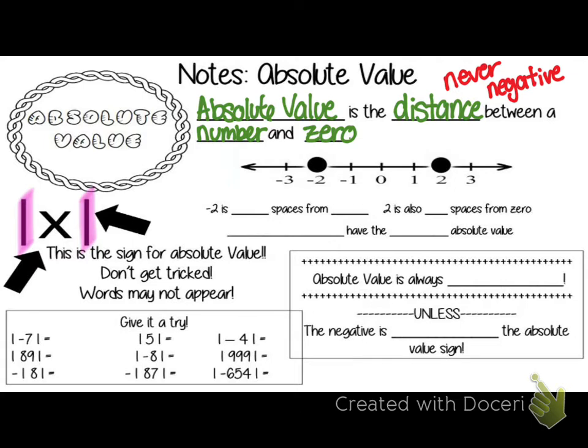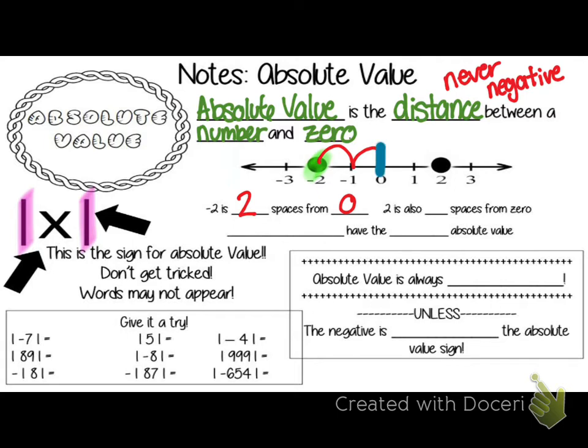When we go down here, it says -2, so we're looking at this -2, and it says -2 is blank spaces from blank. We're always measuring from 0, so that means that it is 2 spaces from 0. That's 1, 2, because remember, we're looking at that 0 line as our main spot. Then it also says 2 is also blank spaces from 0.